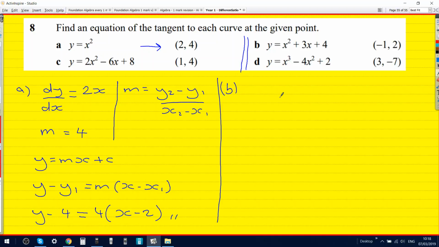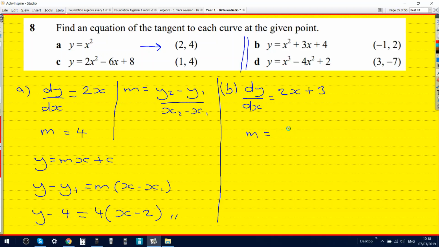Y equals x squared. So differentiate again to find the gradient. 2x plus 3. So the gradient is 1.